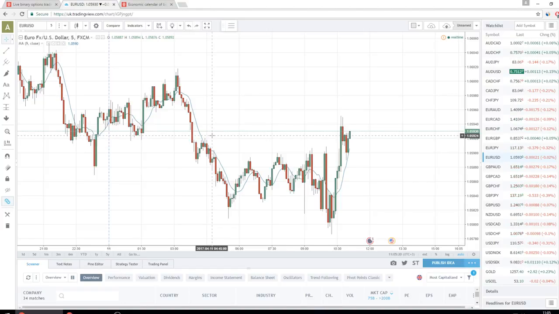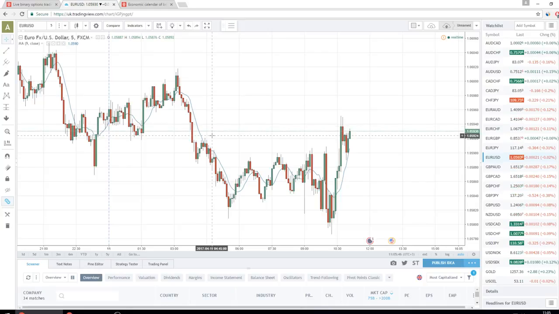Moving average is part of many other indicators. One of the most popular, MACD, also includes moving average in its calculations.